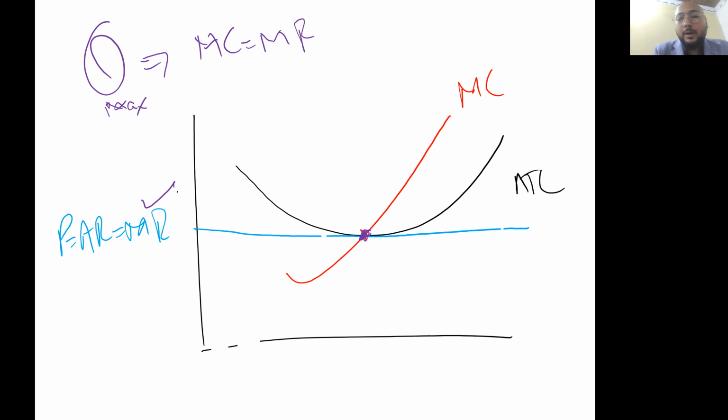This is the MR, this is the MC, it crosses here. How much is the quantity? Quantity is on the quantity line. That quantity, if you produce, you will get maximum profit. Now you understand?